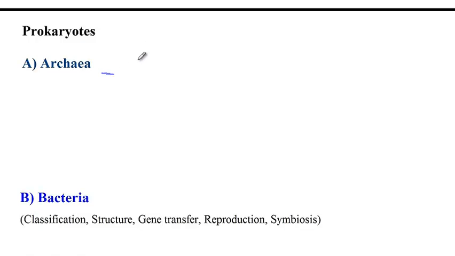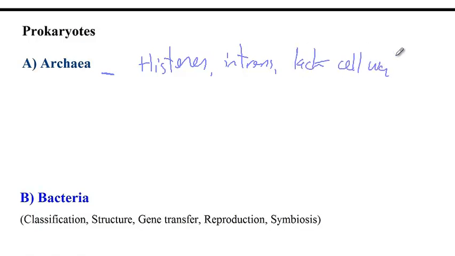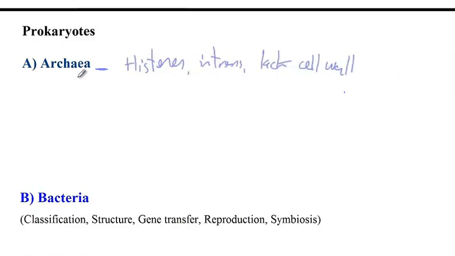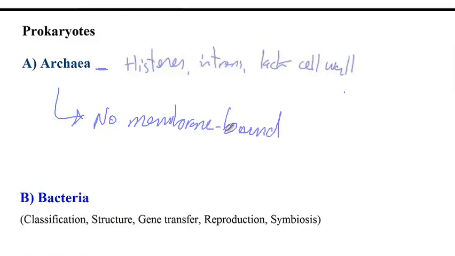For instance, its genetic material is similar to eukaryotic cells, and they contain, for instance, histones, and they contain introns, and similar to eukaryotic cells, they lack the peptidoglycan cell wall. But the reason they are being classified as prokaryotes is that, similar to bacteria, there are no membrane bound organelles within the archaea.